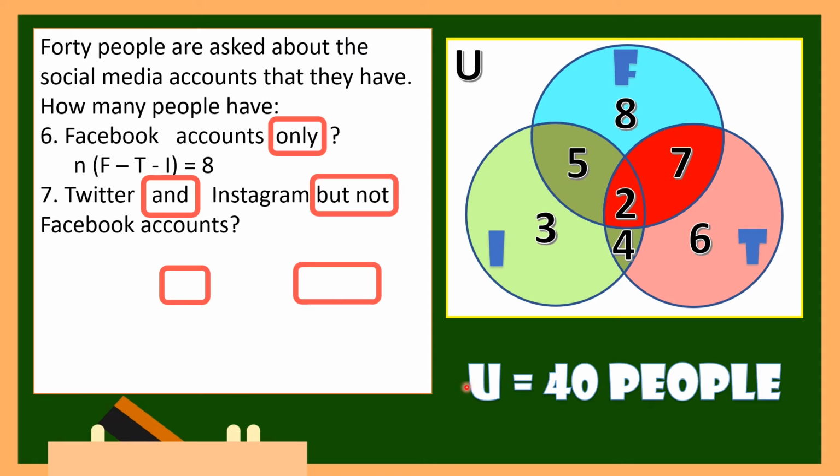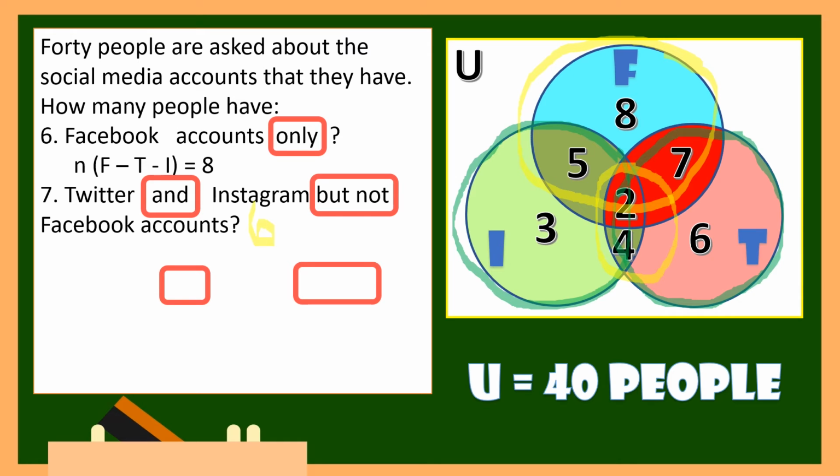Again, kung ito yung ating Instagram accounts, at ito yung ating Twitter accounts, so, saan sila nag-overlap? So, kitang-kita naman na nag-overlap sila kay 2 and 4. So, simply, ang Twitter and Instagram natin is how many? Simply, 6. But for this time, ang hinahanap natin is but not Facebook accounts. Ibig sabihin, hindi daw kasali pala dapat ang Facebook.